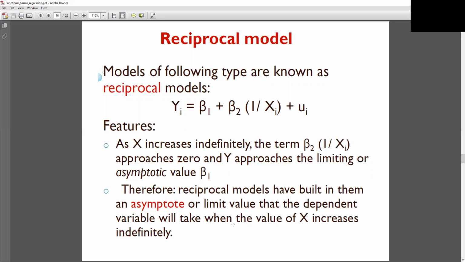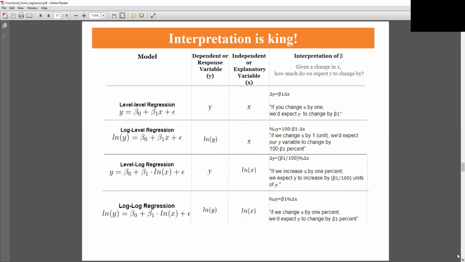So reciprocal models have built into them an asymptote or limit value that the dependent variable will take when the value of x increases indefinitely. Then it will approach the asymptote. So this is what the reciprocal model is. Then interpretation, how we'll interpret, we'll see again.